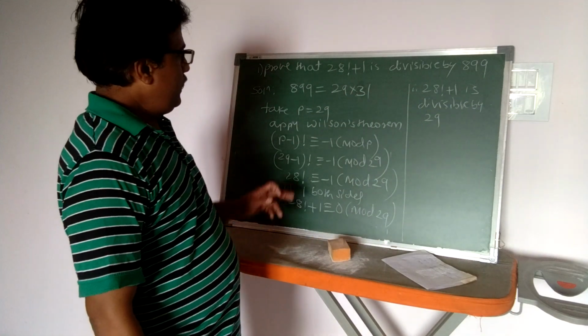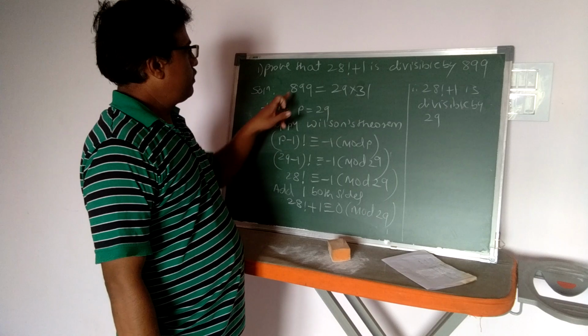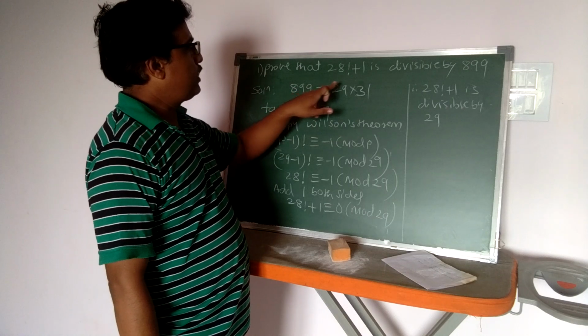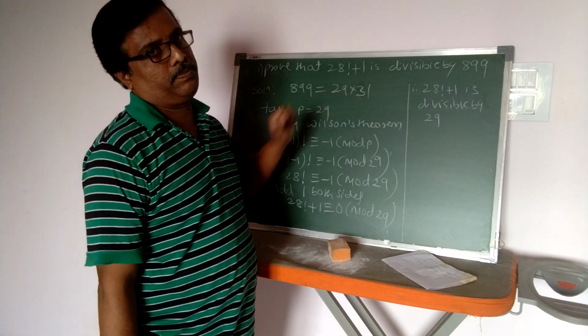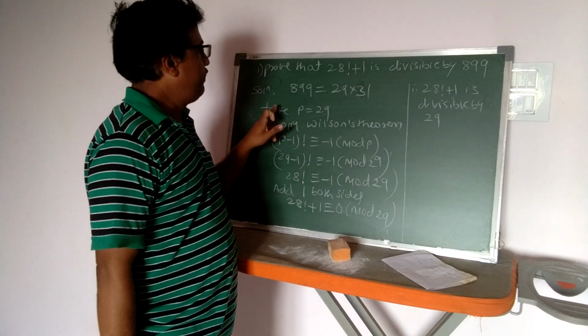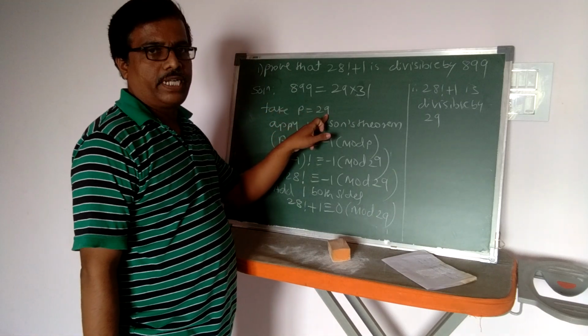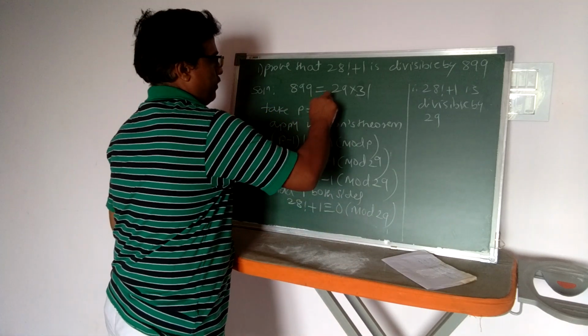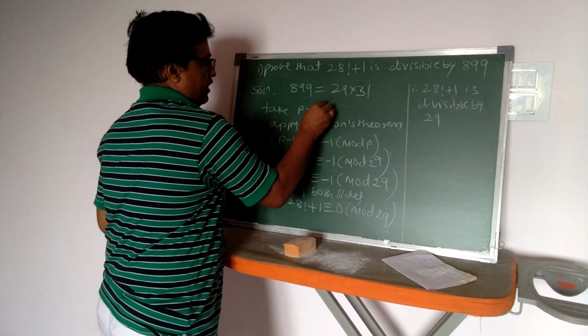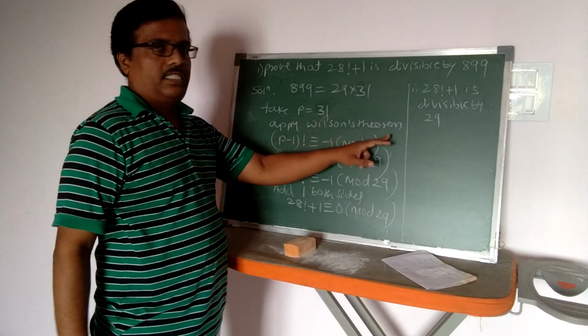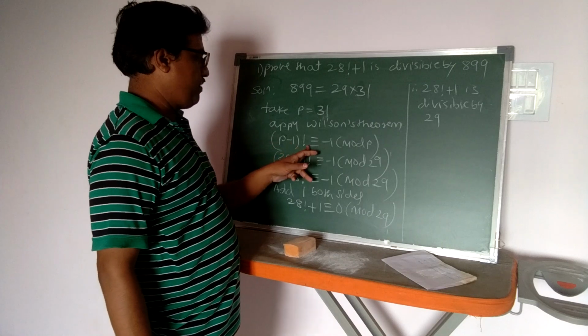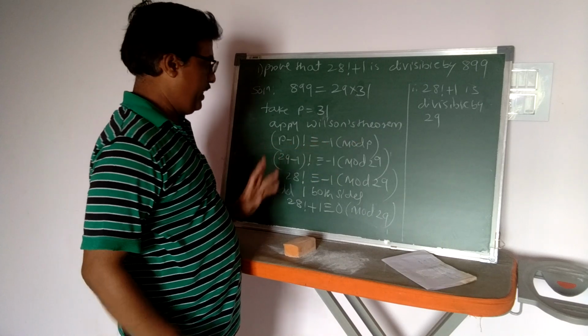Okay. So now we prove 899 is also divisible by 31. To prove this, we take p as 31 and apply Wilson's theorem. So that is p minus 1 factorial is congruent to minus 1 mod p.